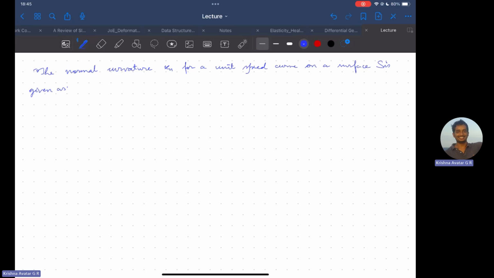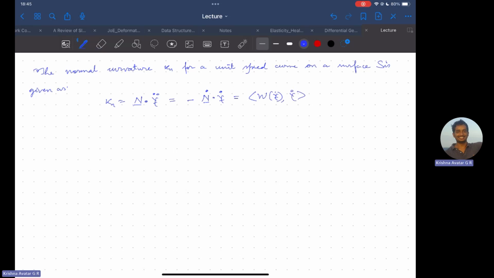so what we have is that kappa n is equal to n vector dot gamma double dot, and this we recall is the same as minus n dot gamma dot, right? And this seems to be a product of the Weingarten map of gamma dot with gamma dot.